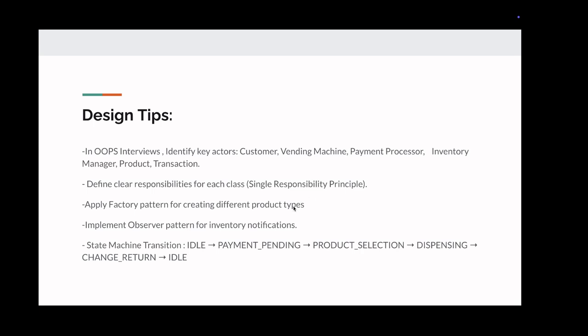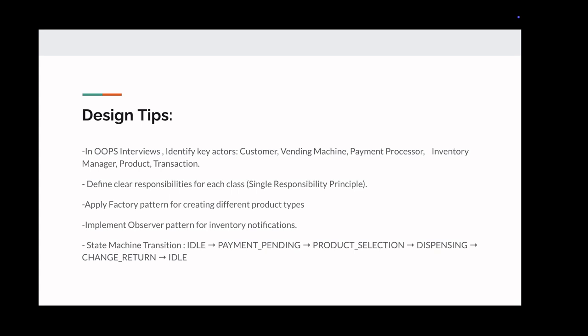There are some design tips: in any OOPS interview, I always try to identify the key actors, like the customer, the vending machine, the payment processor, the inventory management, the product, and the transition. Always try to define clear responsibilities, which class will handle what.